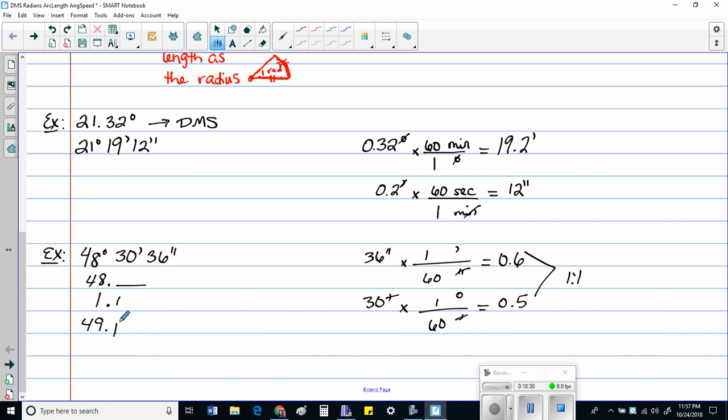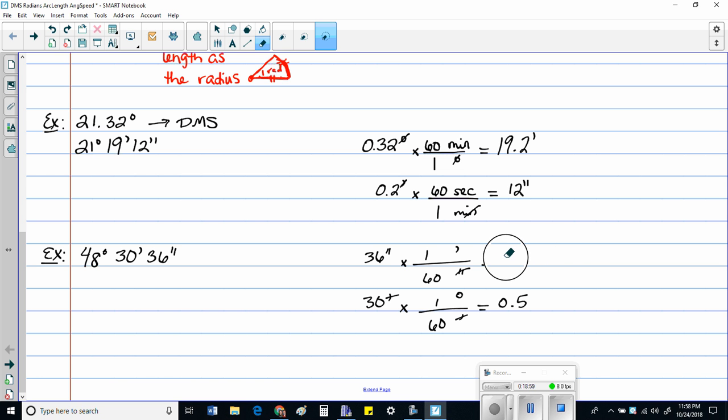Anyway, 49.1 degrees. Wait, what did I do? 48, 30, 36 seconds. Oh, what am I doing? Sorry, just kidding. It didn't feel right, which is why I was like, I need to check my work. But then I figured it out.